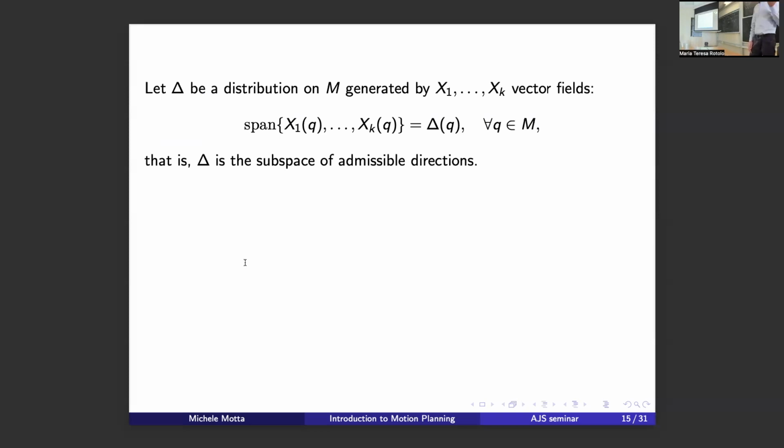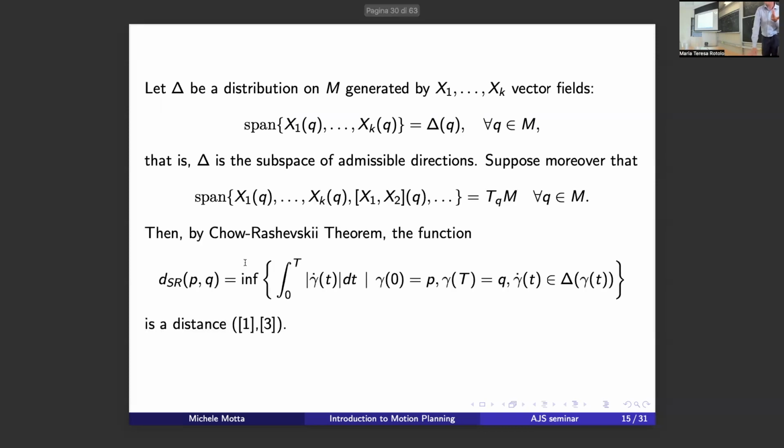These vector fields span a distribution on our manifold. We can say that the distribution delta is the distribution of admissible directions. We will assume that our vector fields satisfy the hypothesis of Chow-Rashevsky's theorem, so that we can really move from any point to any other one.